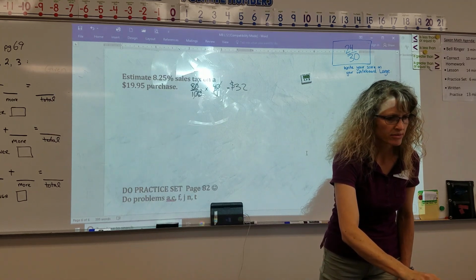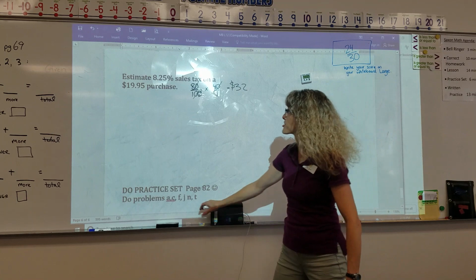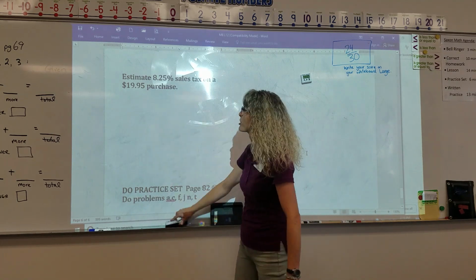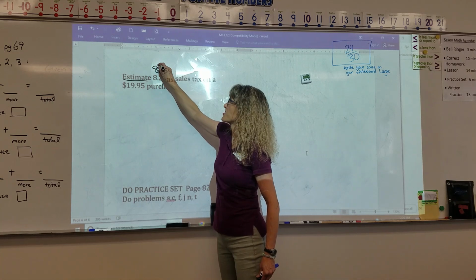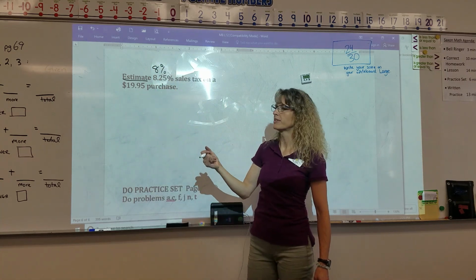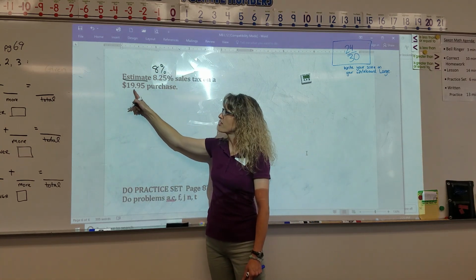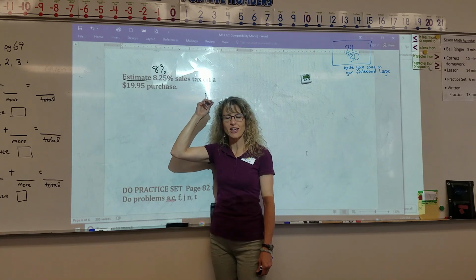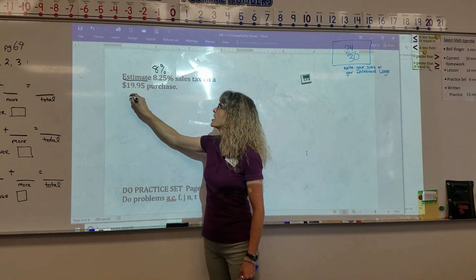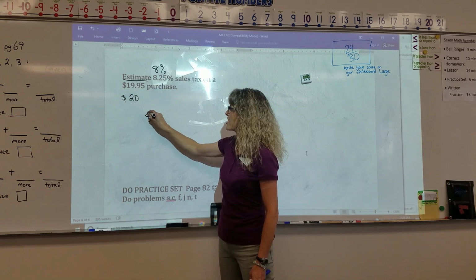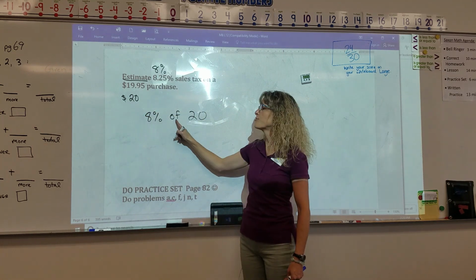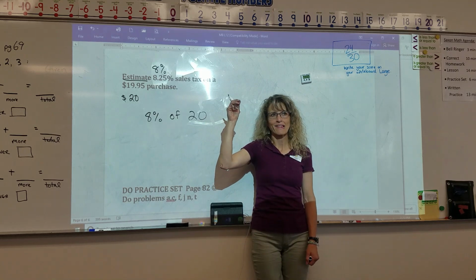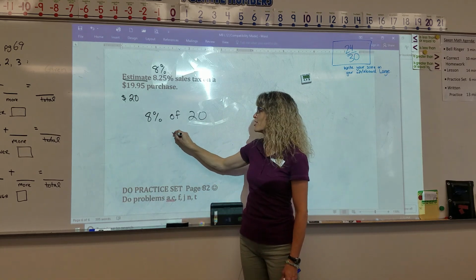Here's the last one. 8.25% sales tax on a $20 purchase. Let's estimate, which means we can round this to 8%. What are we rounding it to? 8%. Let's round this to the nearest whole number, which is $20. So 8% of 20. That's what we're looking for. Of means multiply.